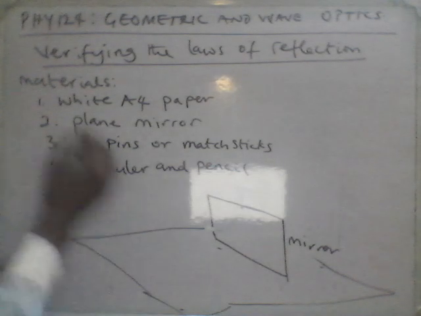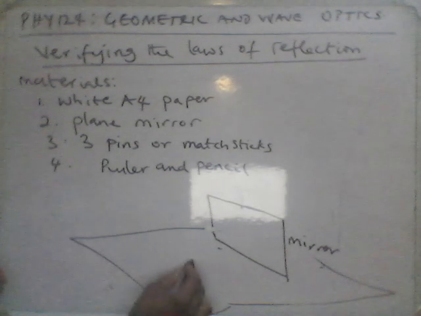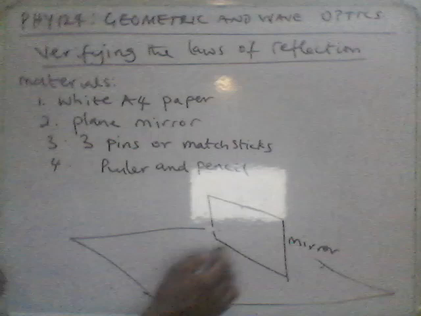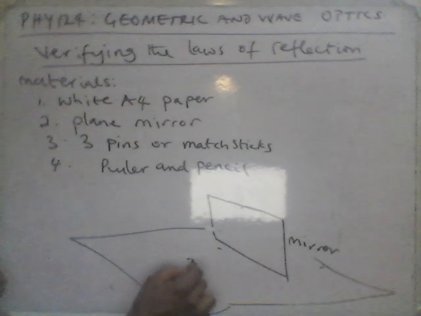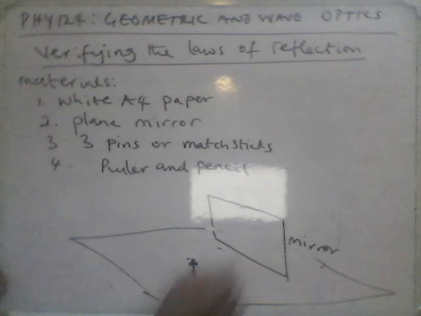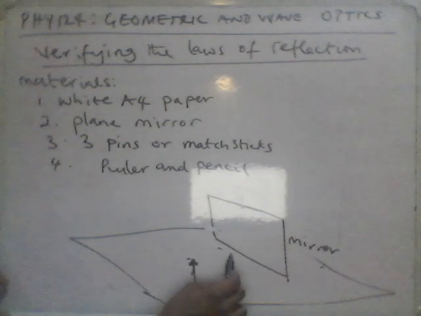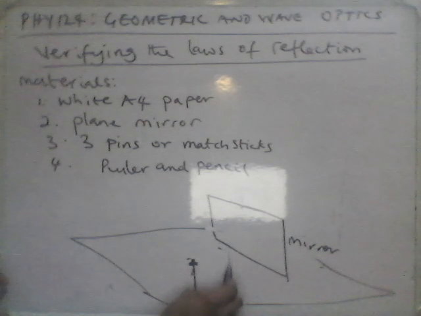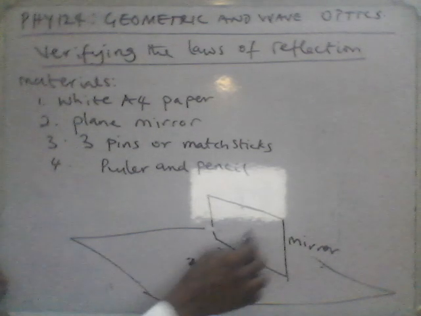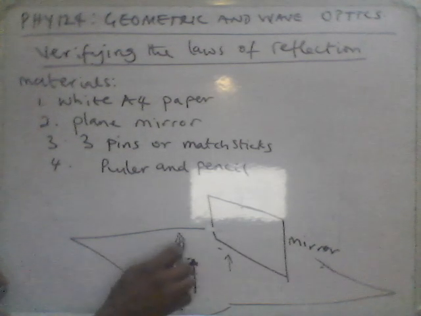Just place one of the pins on this point. This is the pin, so this is the object. Then there's a reflection here actually, but you just try to place the second one, align, and then you place the third one somewhere here.